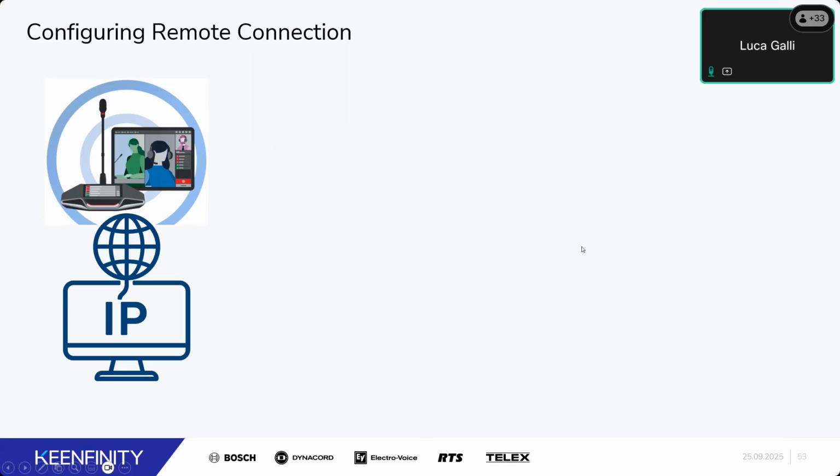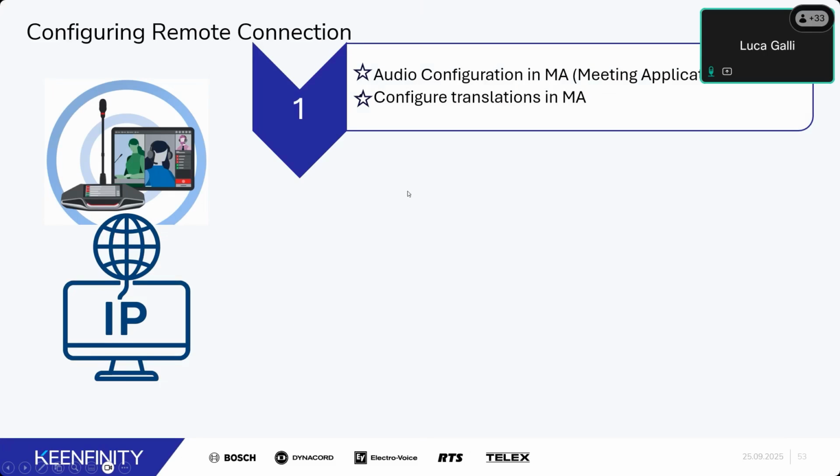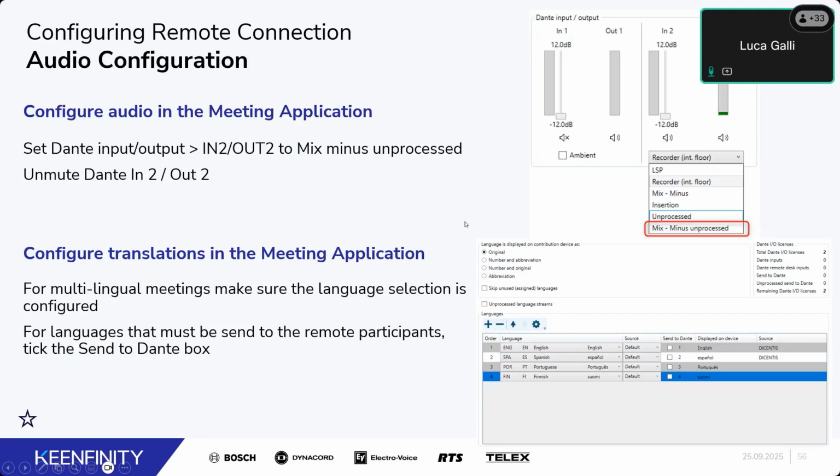Okay, great. Going on to configure the remote connection, it's also quite easy in terms of process because you have to check the configuration in the meeting application. Here you can easily configure the audio in the meeting application, setting the Dante input output in mix minus and process. So you have to select a mix minus setup.